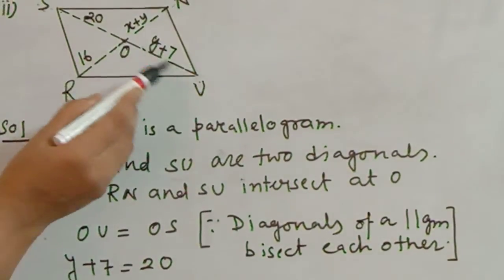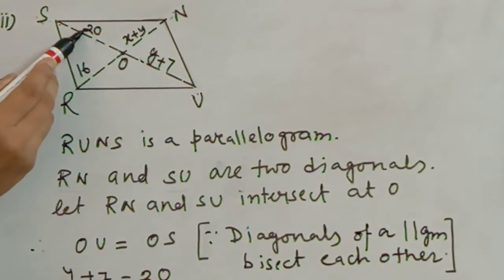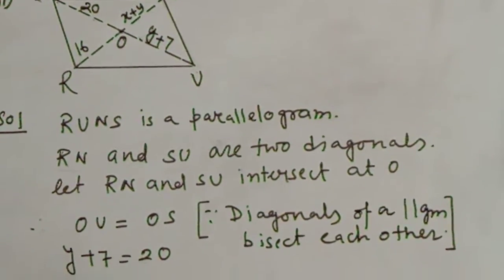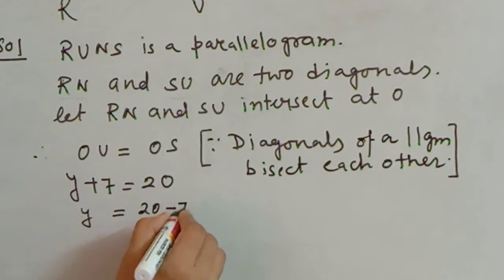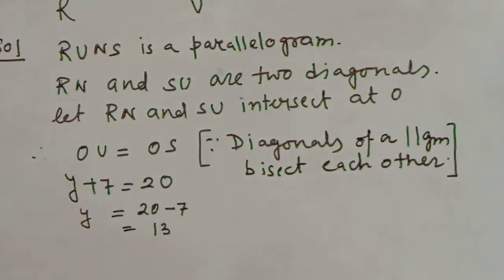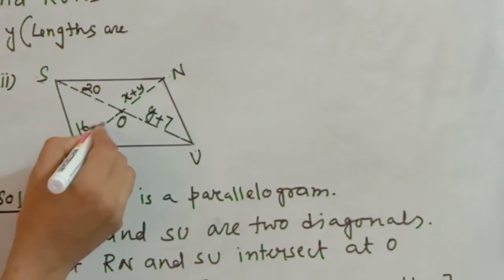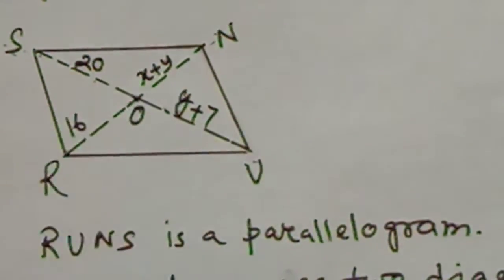Therefore, OU means y plus 7 and OS means 20, it is given. Now you can easily find the value of y. 20 minus 7, that is 13. In the same way, you can find the value of x also.